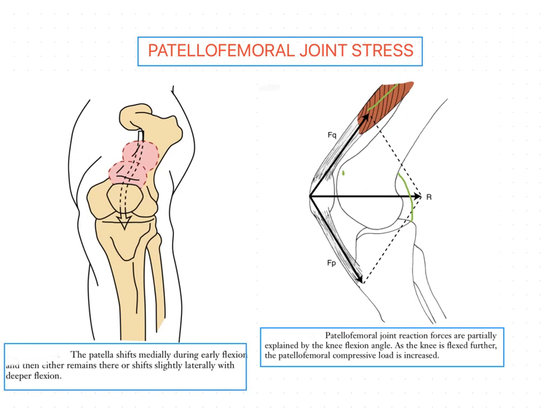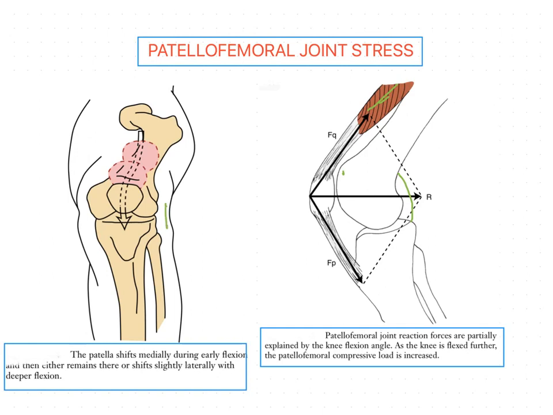So one is patellofemoral joint stress, which is influenced by altering either the joint forces or the joint surface contact area, and the patellofemoral joint reaction force is influenced by both the force generated by the quadriceps muscle as well as the knee angle. As the knee flexes and extends, what will happen?